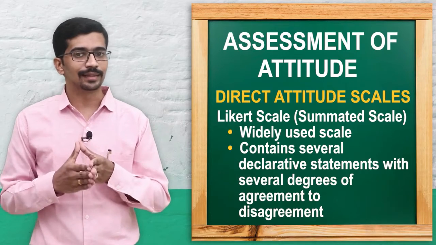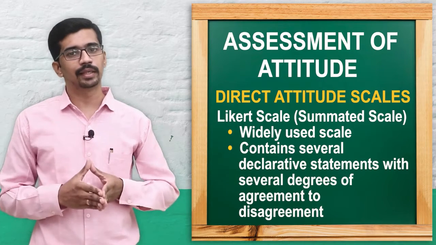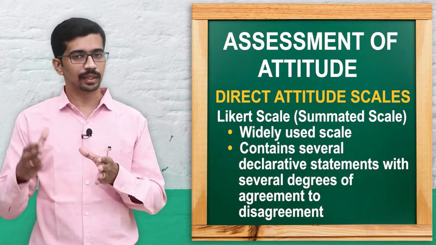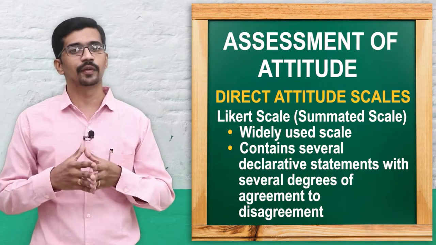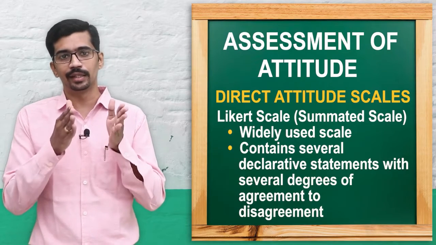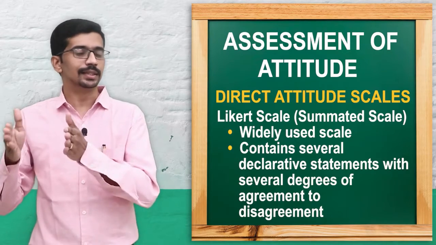Why do we call it the Likert scale? It was developed by a person named Rensis Likert. It contains a number of declarative statements with several degrees of agreement to disagreement.